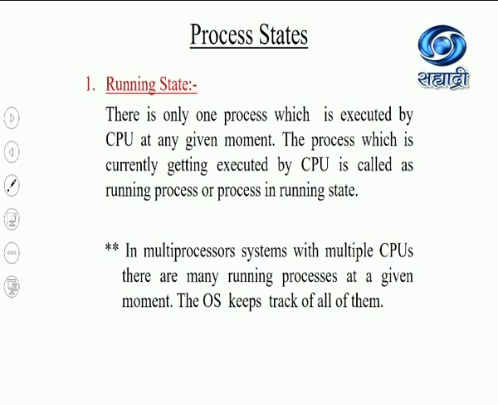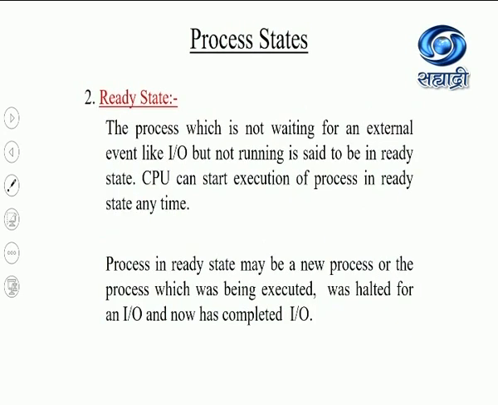Students, this is in the case of single processor multiprogramming operating systems. Because there is a single processor working, only one process can be in the running state at a time. But in multiprocessor systems with multiple CPUs, there are many running processes at a given moment, and the operating system keeps track of all of them.